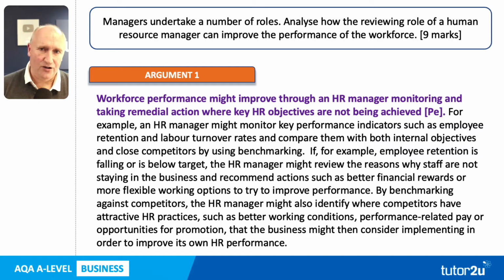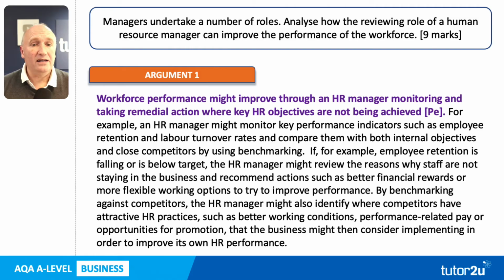Let's develop that further. How might that improve workforce performance? So if, for example, employee retention is falling or is below target, the HR manager might review the reasons why staff are not staying in the business and recommend actions such as better financial rewards or more flexible working options to try to improve performance.